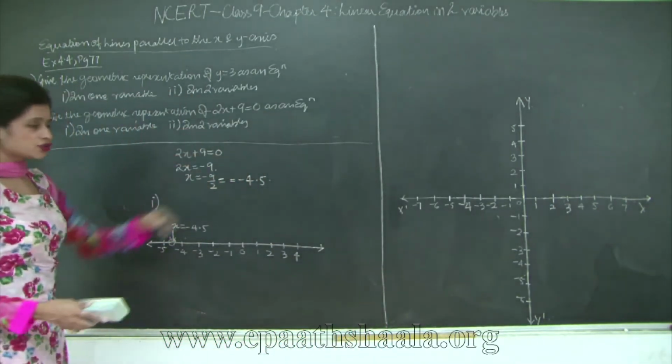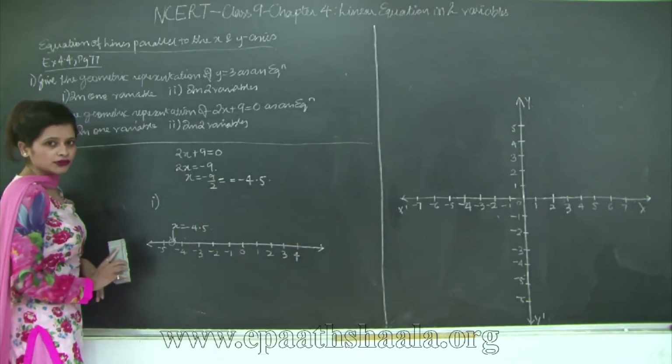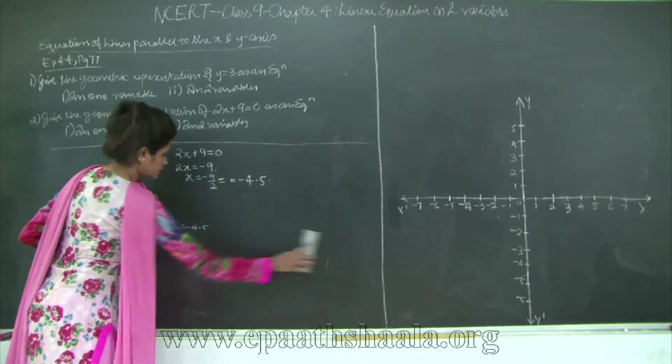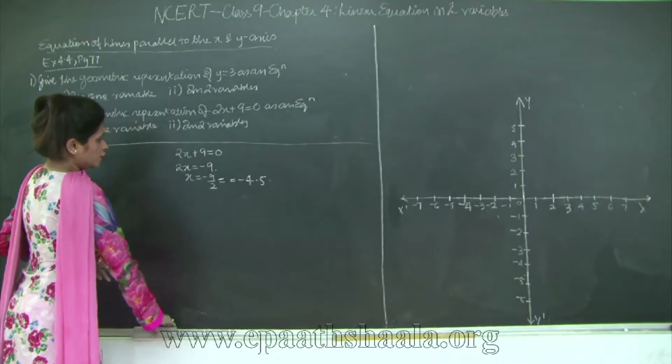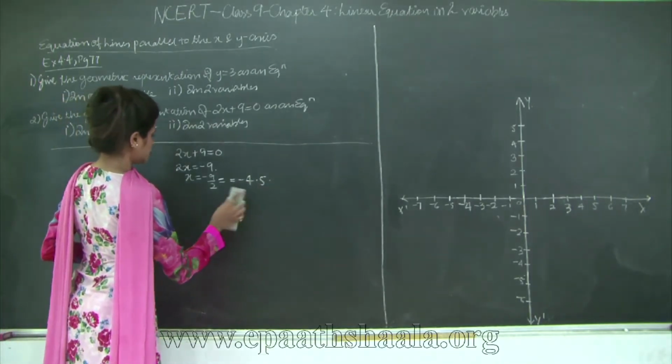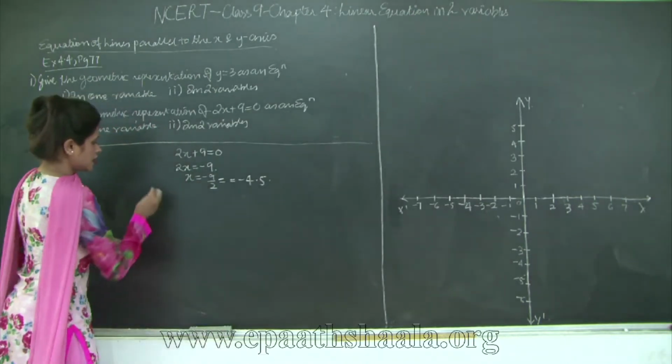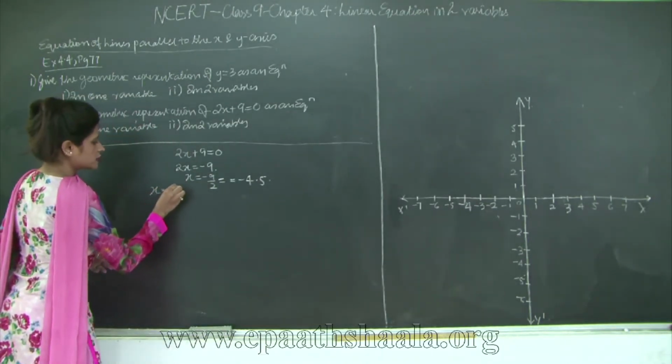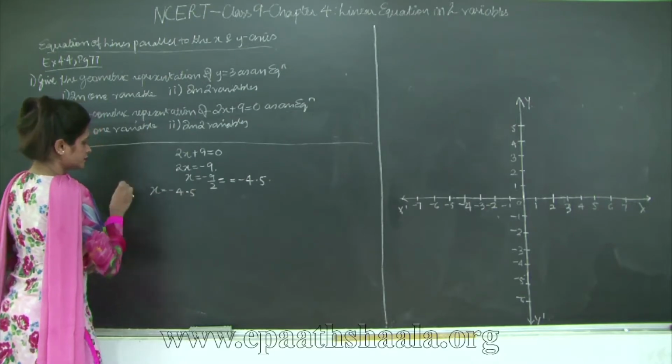Now, let us check for two variables. I am erasing this section, I hope you have taken note of it. So, I have x is equal to minus 4.5, solving for two variables.